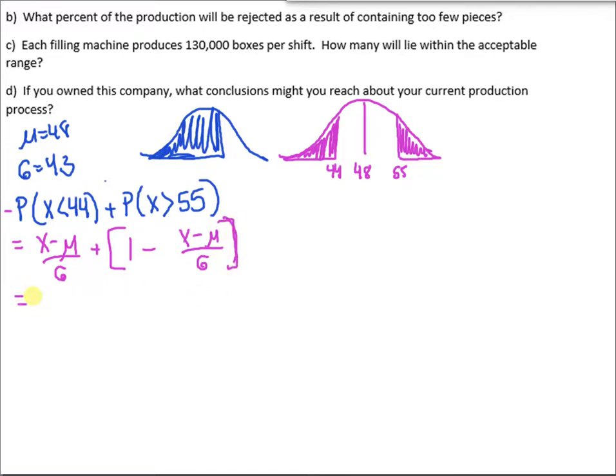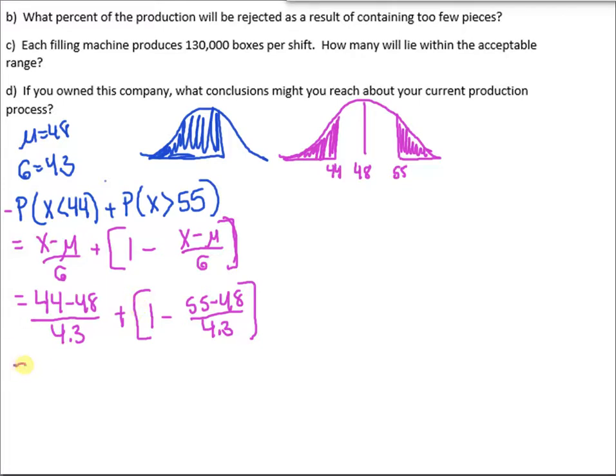For the first, we have 44 minus 48 over 4.3, and then 1 minus 55 minus 48 over 4.3. Remember, when we sub in these numbers we're only finding the z-score.